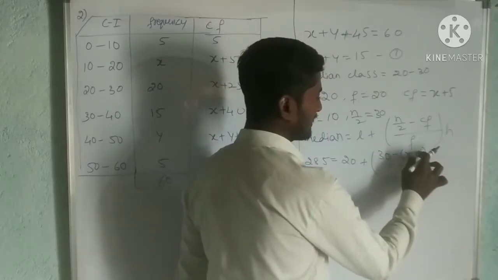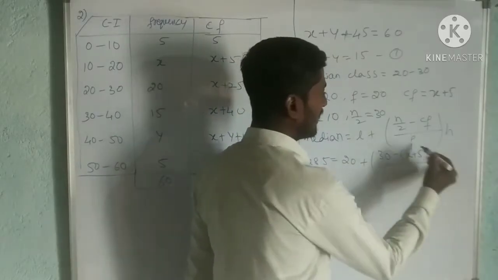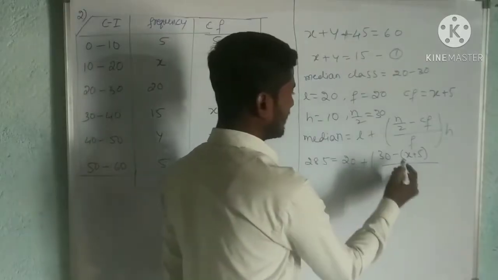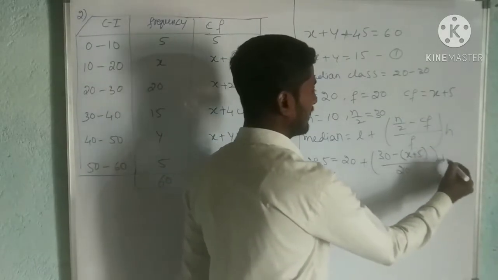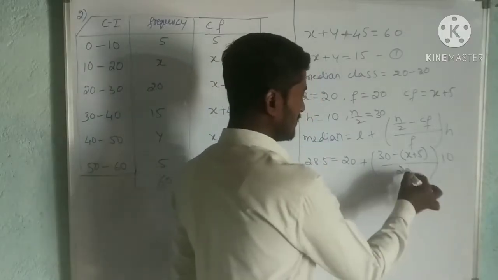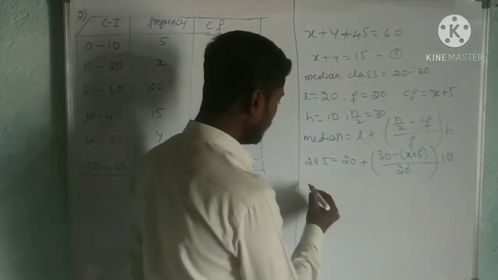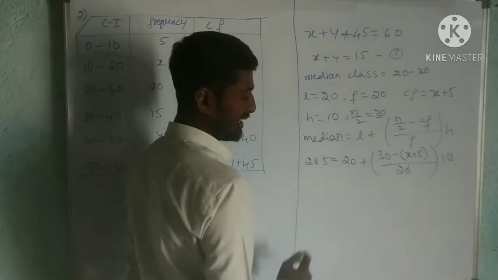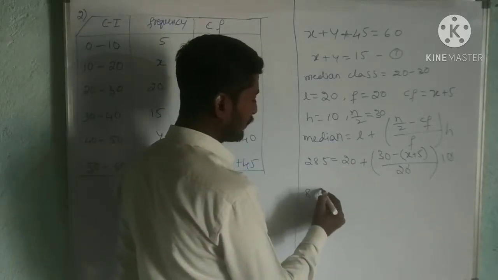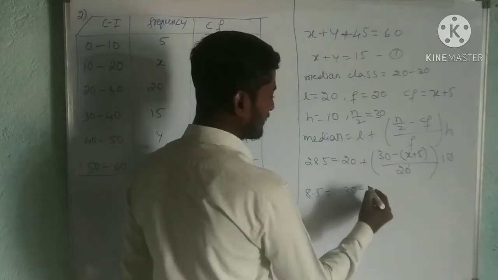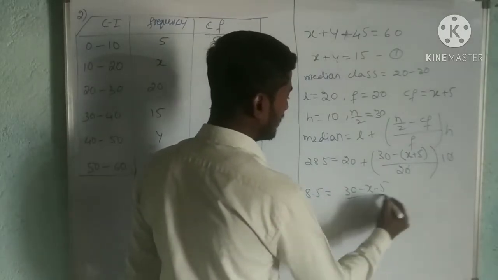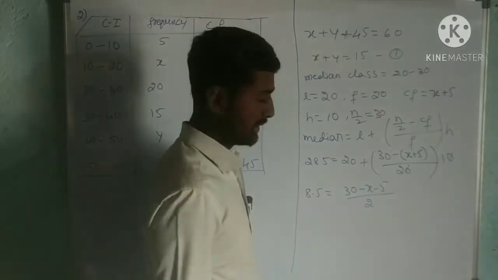Otherwise you can write minus x minus 5, divided by F. F value is 20, into H. H value is 10. 28.5 minus 20, remaining is 8.5, is equal to 30 minus x minus 5, divided by 2.